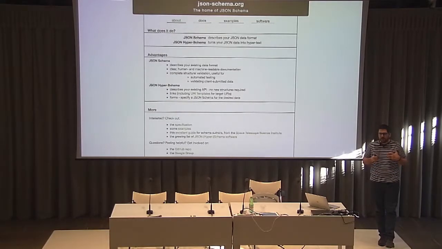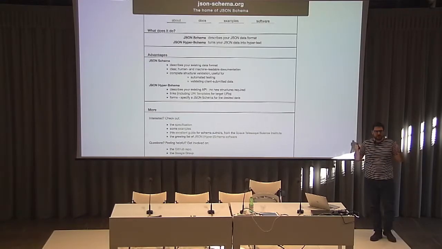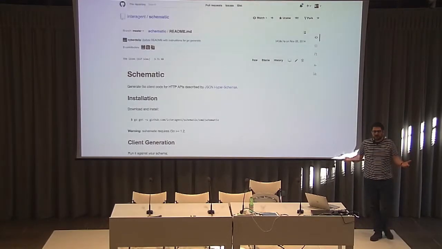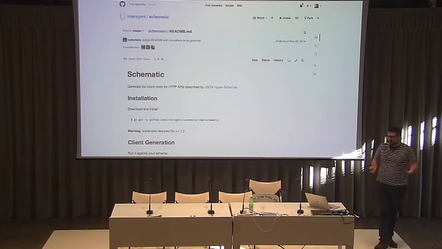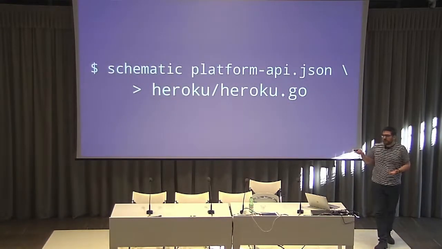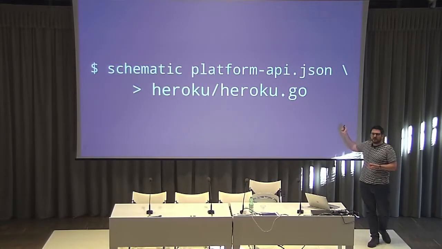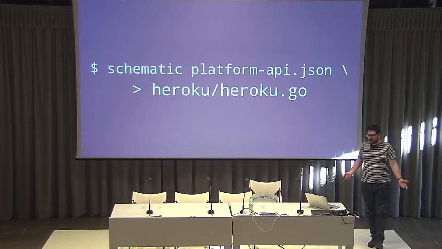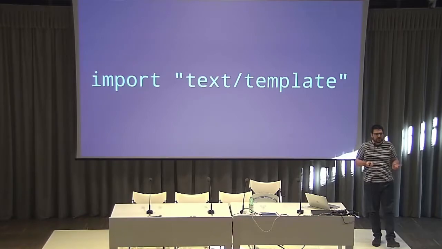And instead of having the code generation inside the repository related just to their project, they made a standalone open source tool that reads JSON schema and hyper schema, and you can do something like this: hey, schematic, here's the JSON hyper schema for the Heroku platform, generate the client, and it's going to generate all the Go code for you. Another interesting difference with the Google one is that instead of printing line by line, they use text templates.